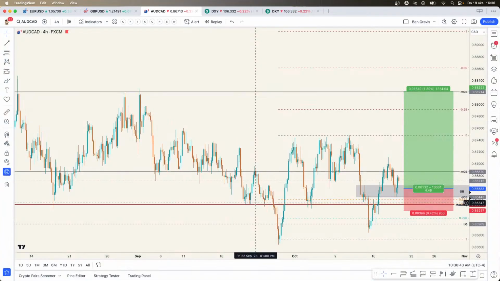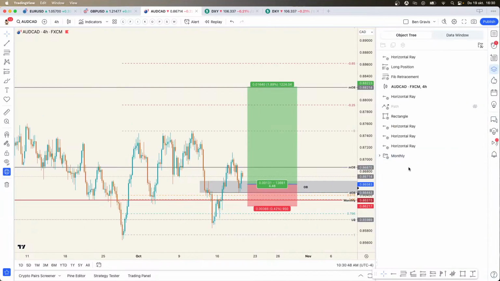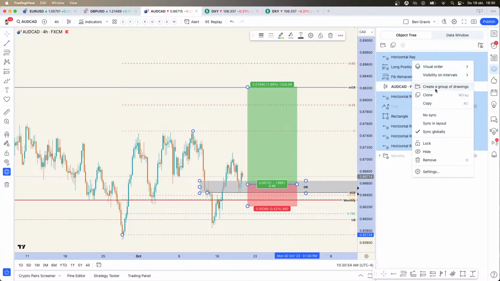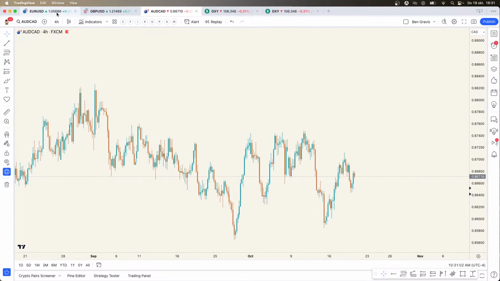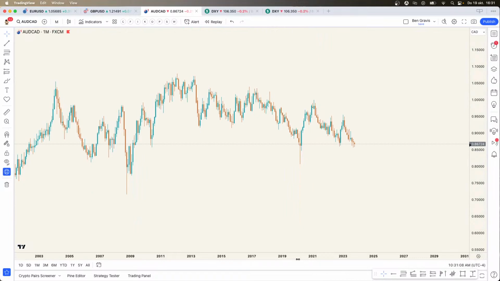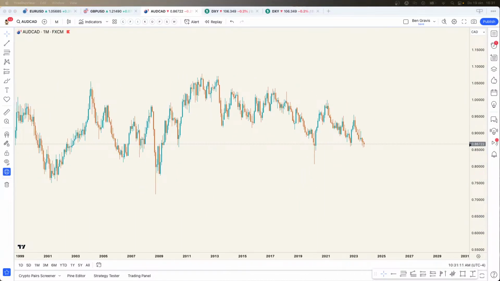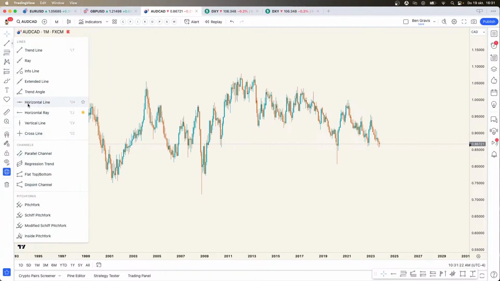Then I have Australian dollar Canadian. The way I'm looking at this chart is basically still holding support.